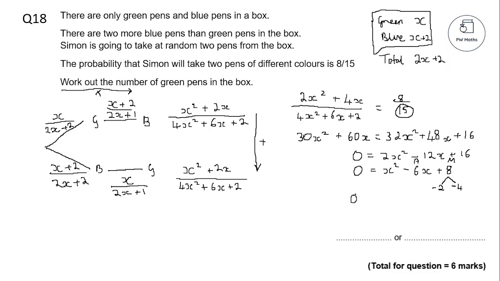So I can now factorize the equation as 0 equals x minus 2 in one bracket, and in the other bracket x minus 4. The question wants me to solve it. I remember a snake says to solve we need to swap the signs. So one possible answer, there are 2 of them. The other possible answer, there are 4 of them.